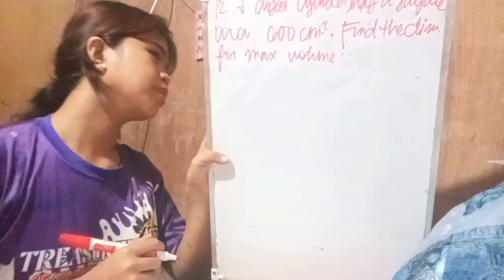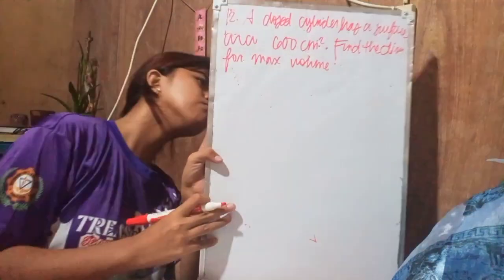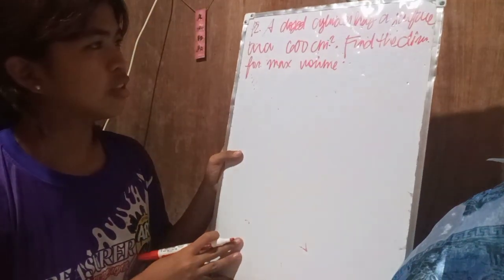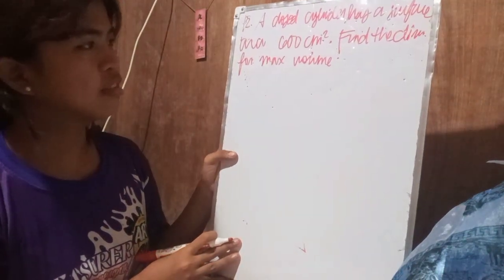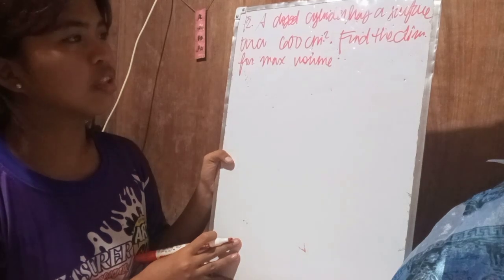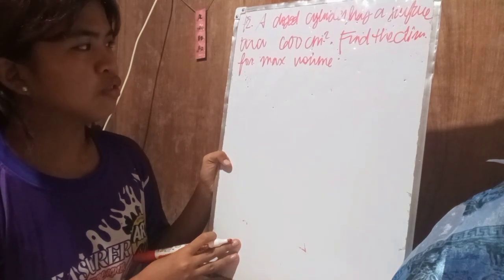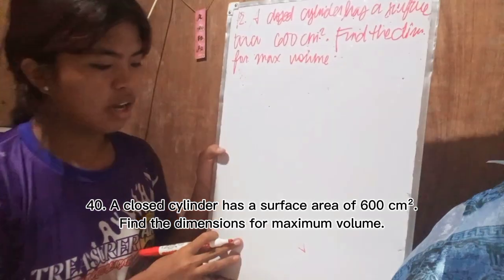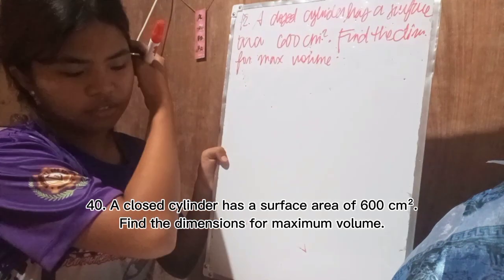So, from number 42. A closed cylinder has a surface area of 600 centimeters squared. Find the dimension for maximum volume. So, we look for its surface area.